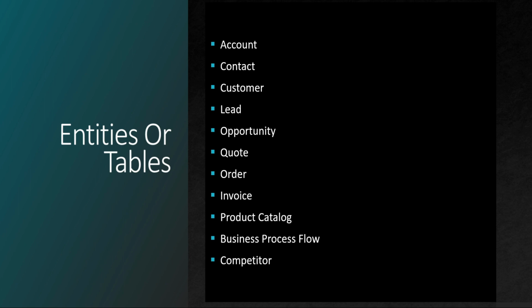We relate this company with these 3 contacts. This is the account and the contacts are related to it. Is it clear? These 2 can be clubbed together as customers, but they are completely different entities. Do not ever confuse them.